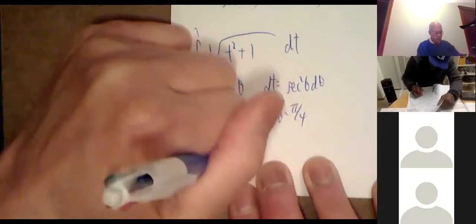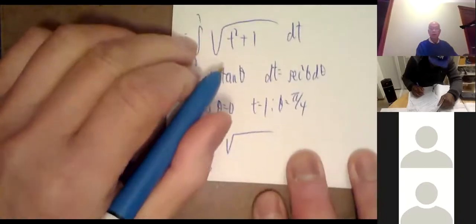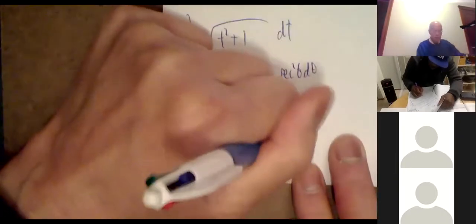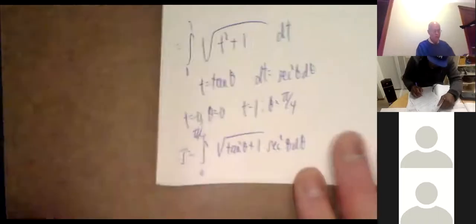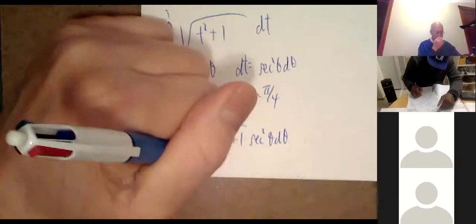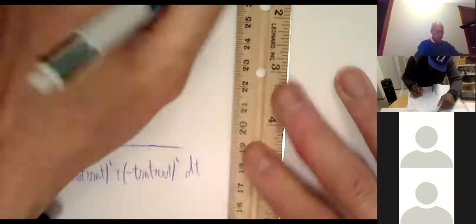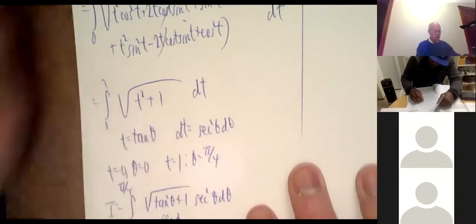So the integral becomes the integral from 0 to pi over 4 of the radical of tangent squared theta plus 1, and dt is secant squared theta d theta. 1 plus tangent squared is secant squared, so that gives me a secant cubed. So this is the integral from 0 to pi over 4 of secant cubed theta d theta.